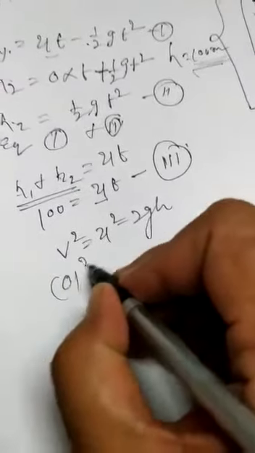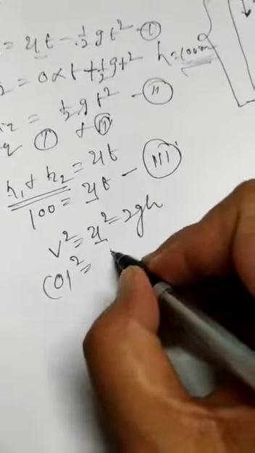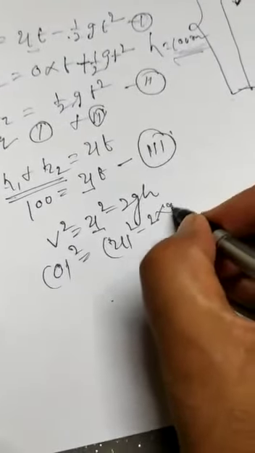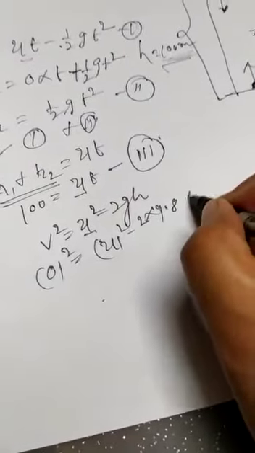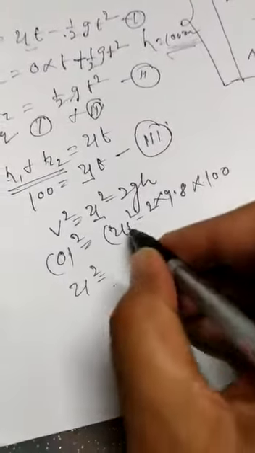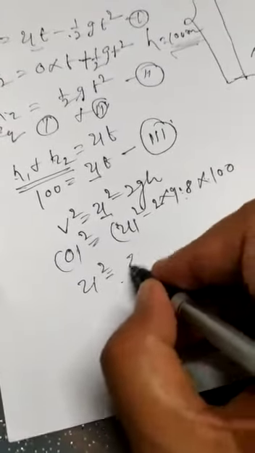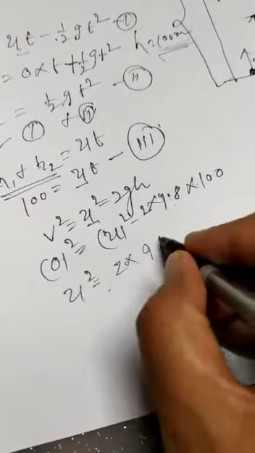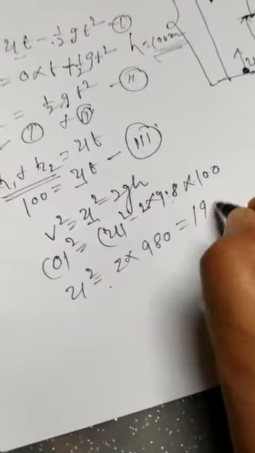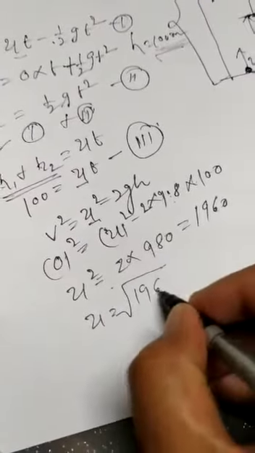V becomes 0 at the roof, and u is the unknown quantity, so u squared equals 2 times 9.8 times 100, which is 2 times 980, that is 1960. So the initial velocity u equals root 1960.